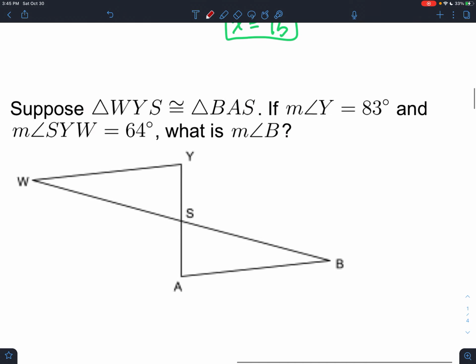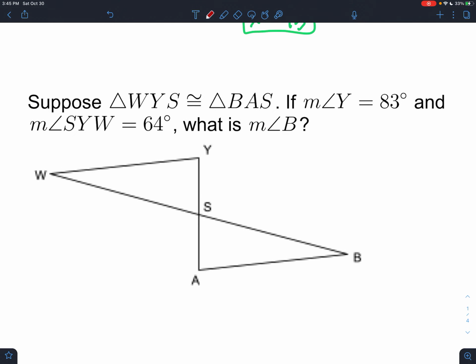Okay, what about this one? So I think there's a typo. Sorry guys, this is measure of angle W. Right. So this figure, let's see, let's label what's given. This is 83 degrees, and this is 64 degrees.